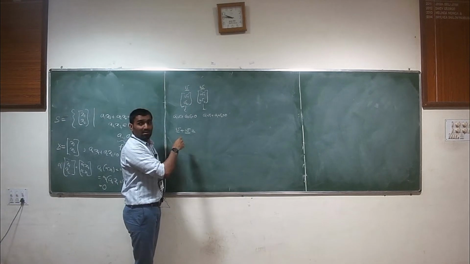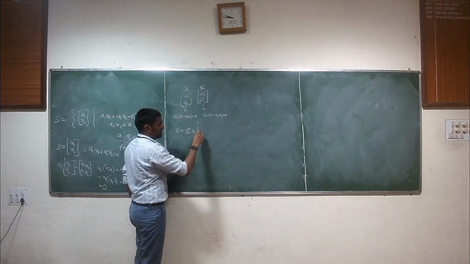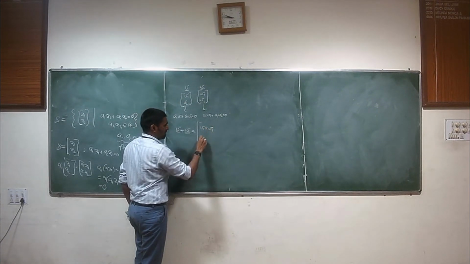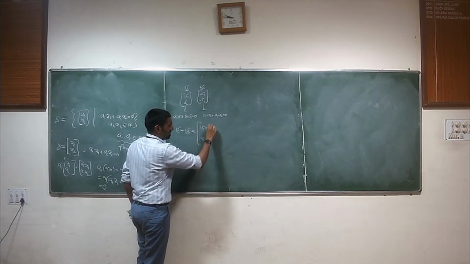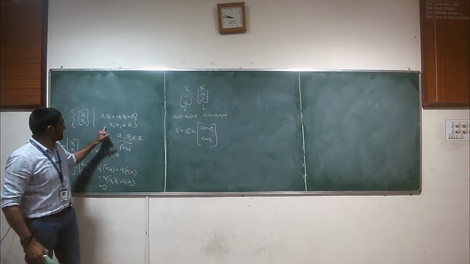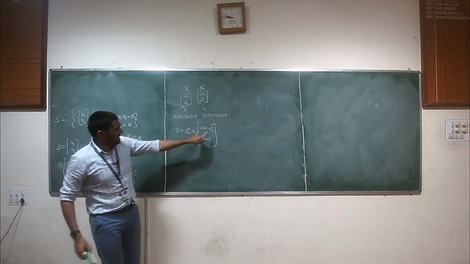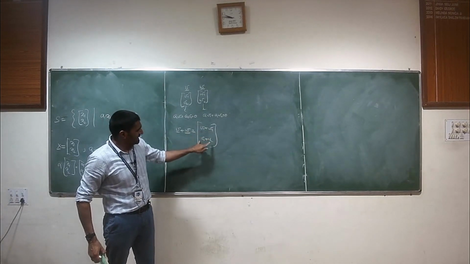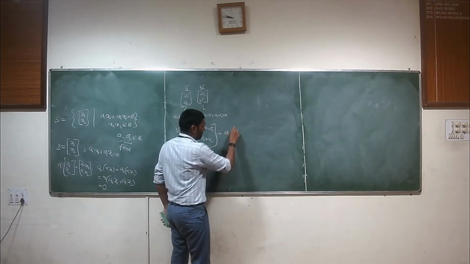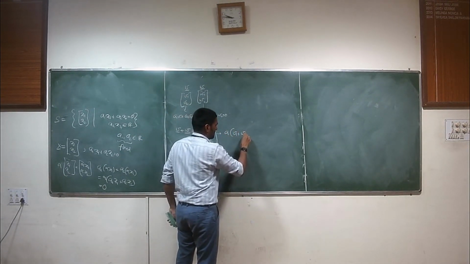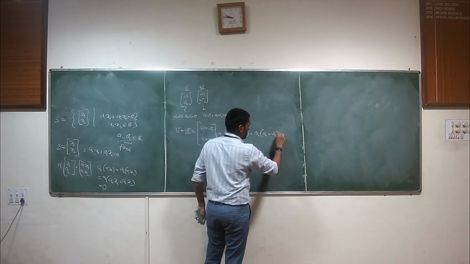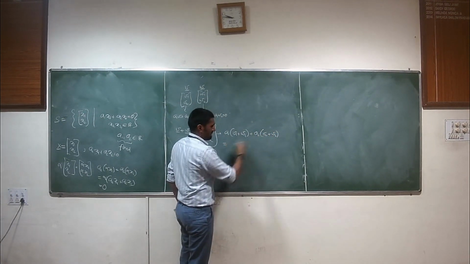What vector do you get? It is v1 plus w1, v2 plus w2. What condition does this vector have to satisfy for it to belong here? a1 times this plus a2 times this should be equal to 0. Is it 0? So let's verify. a1 times v1 plus w1 plus a2 times v2 plus w2.